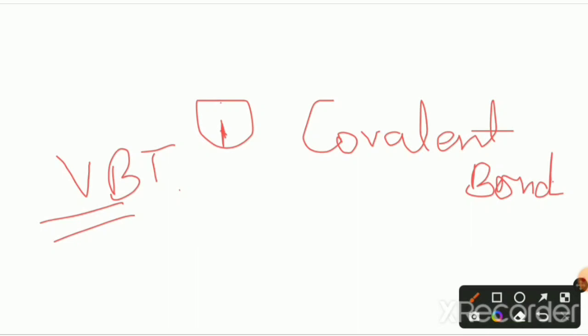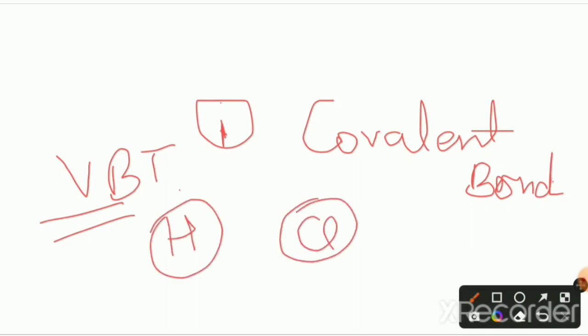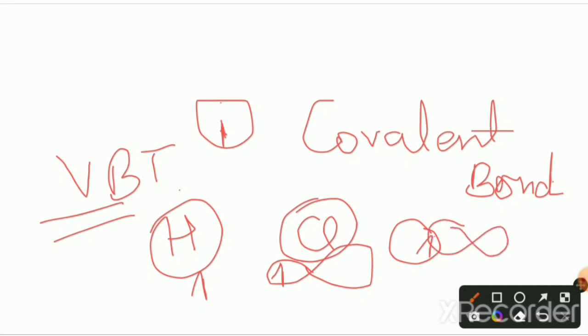For example, if there is a hydrogen atom and a chlorine atom, the valence orbital of hydrogen is the s orbital and the valence orbital of chlorine is the p orbital. They overlap each other in this way, one atom of hydrogen and one atom of chlorine.